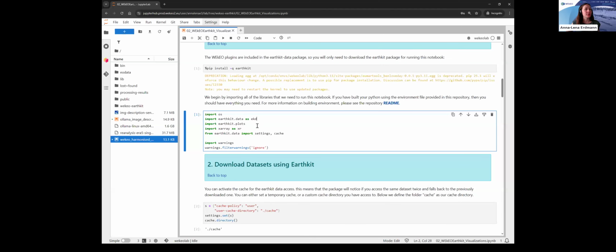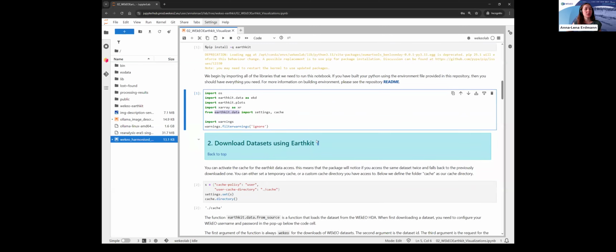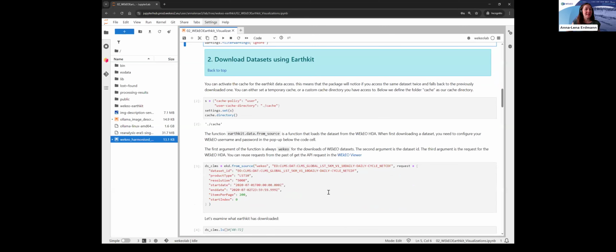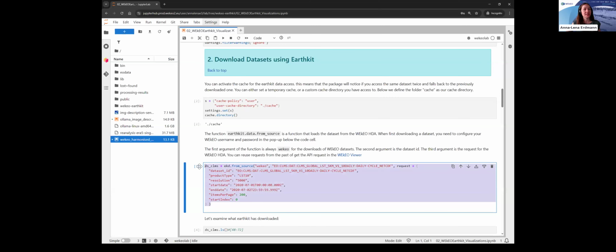We first do all the necessary imports. Here you see that we're mainly using the Earthkit data package. And this is practically the most important cell because here you see how the data is downloaded. So Earthkit data has an argument which you fill in with the source where you want to get the data from.